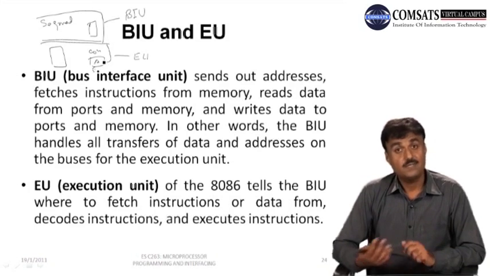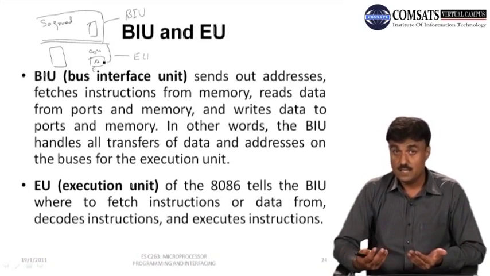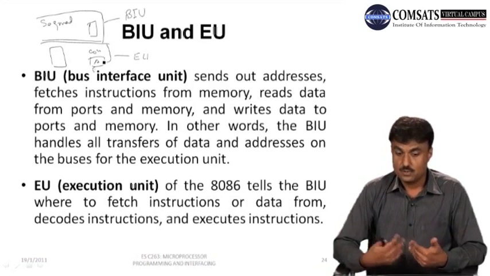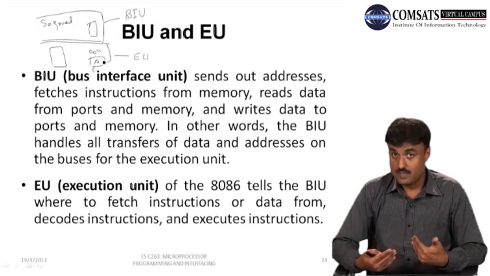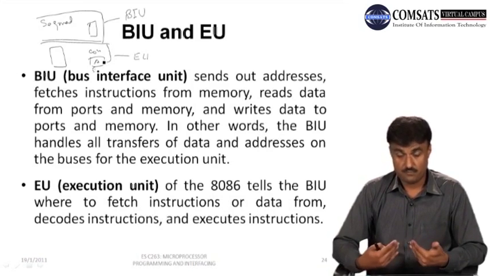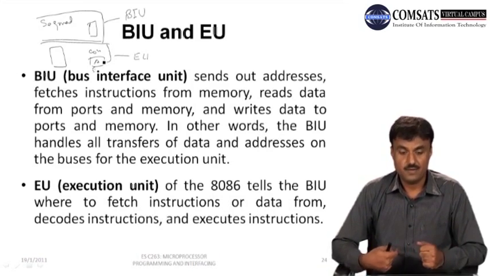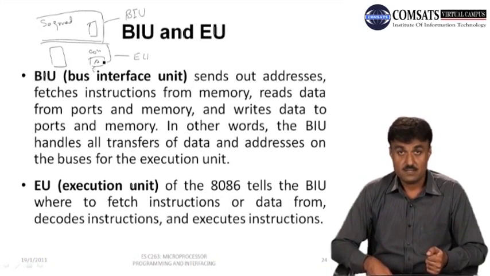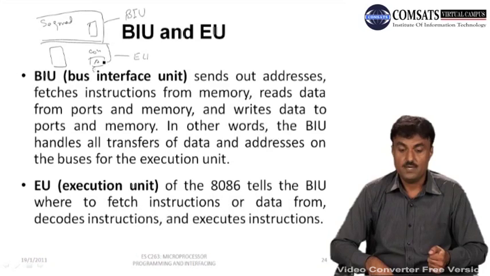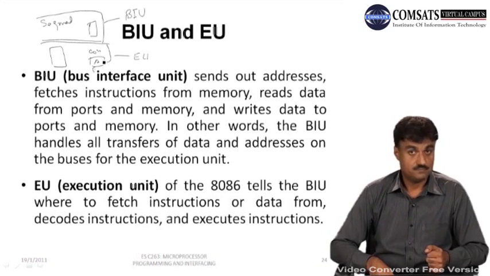For the execution unit, we need data to perform operations. All these operations are performed in the execution unit. The execution unit of the 8086 tells the bus interface unit where to fetch instructions and data from, decodes instructions, and executes instructions.